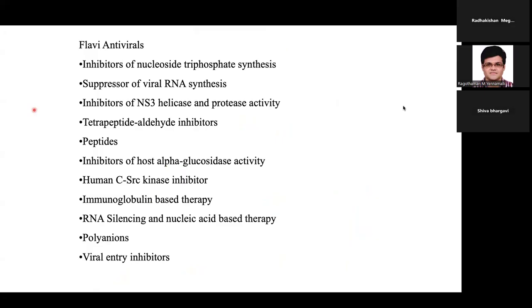So the whole idea is to prevent the flavivirus from entering inside the host cell. And as I said, there are multiple places in the viral life cycle where you can identify drug targets, and you can design a drug against them.